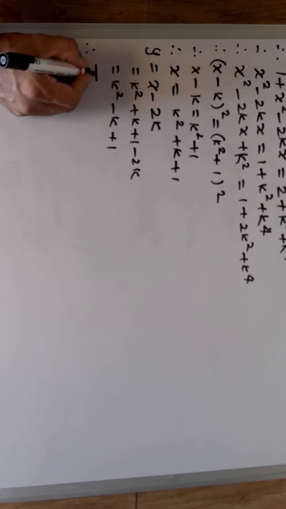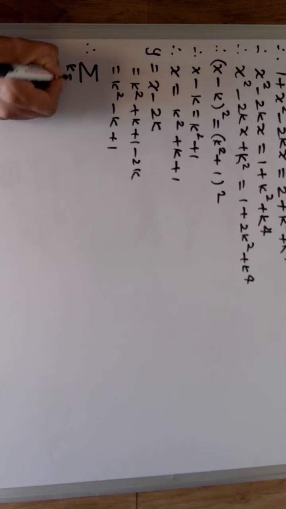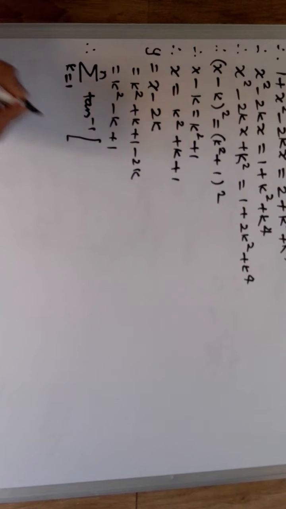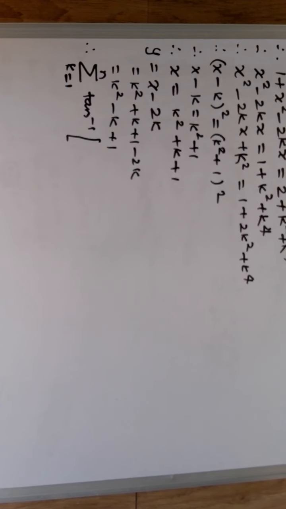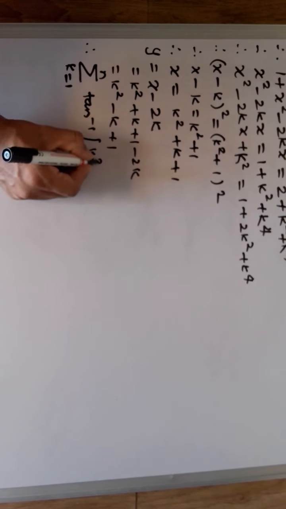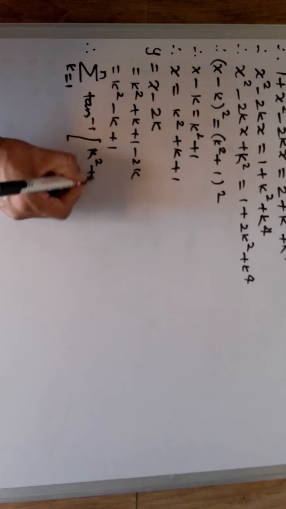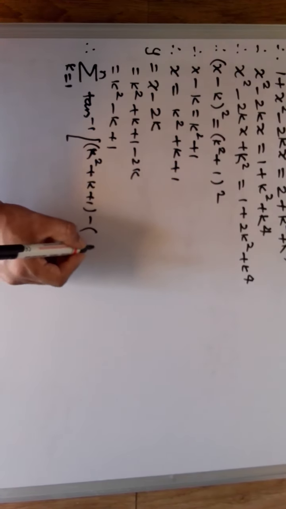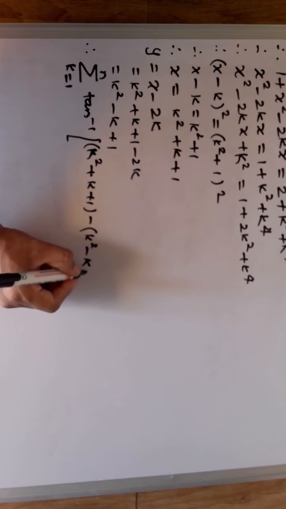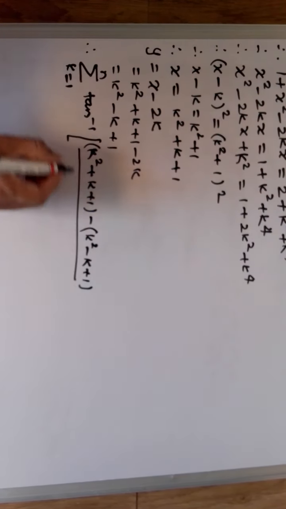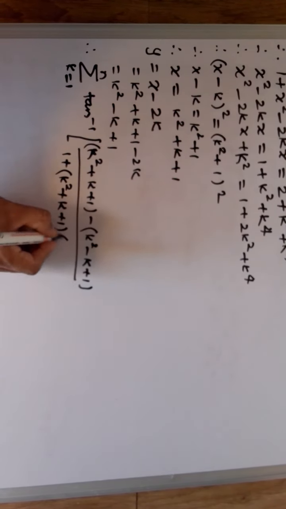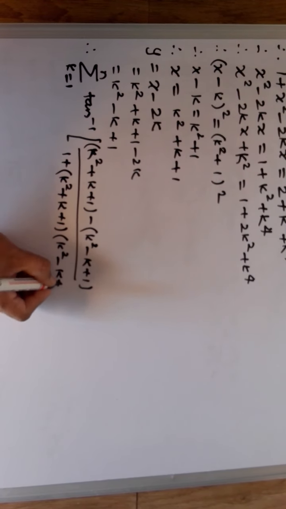Therefore, summation of tan inverse, where k takes values from 1 to n, of tan inverse of x minus y, so x is k square plus k plus 1, minus k square minus k plus 1, upon 1 plus (k square plus k plus 1) into (k square minus k plus 1).